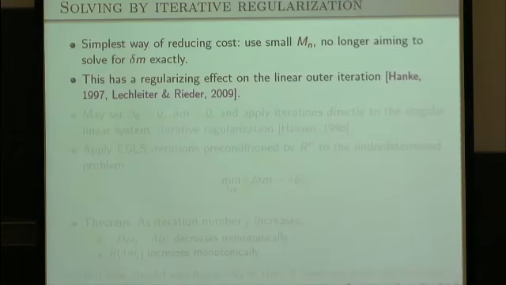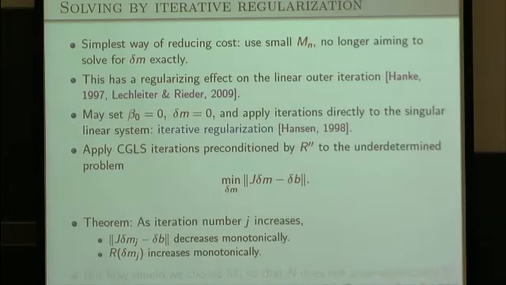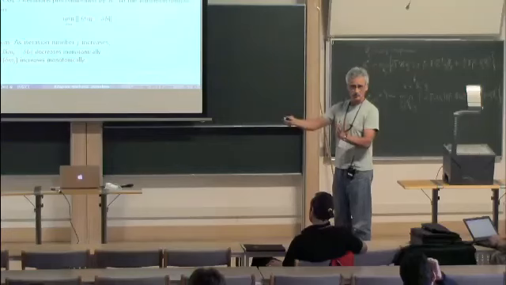So in fact, by doing something in order to be cheap, we gain a regularization effect. We actually can take beta 0 to be 0. So we attempt to solve the singular system directly, and the reason why we succeed is we're not going to go all the way there. We're going to stop after only a few PCG iterations.